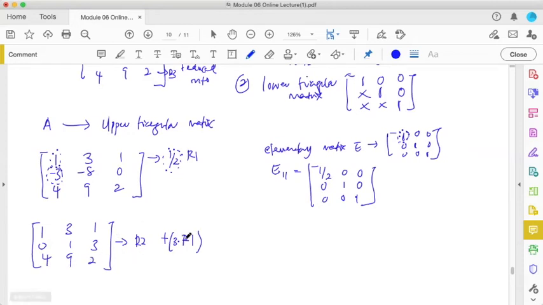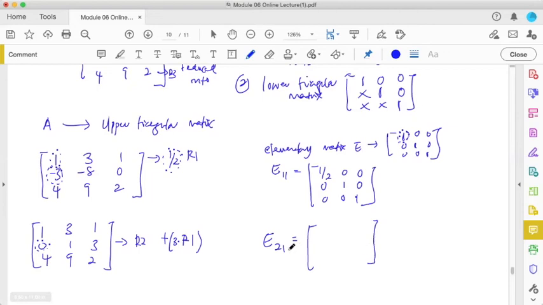Next we move to our elementary matrix. What changed in the elementary matrix is the position indicated by 2, 1, which is row 2, column 1.